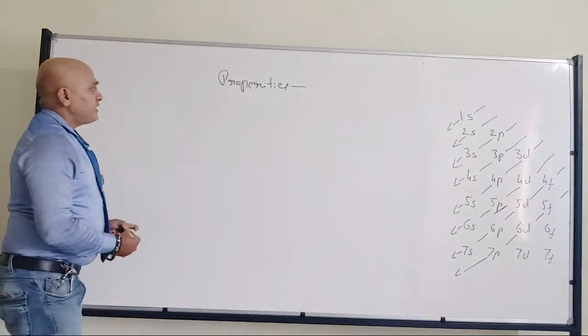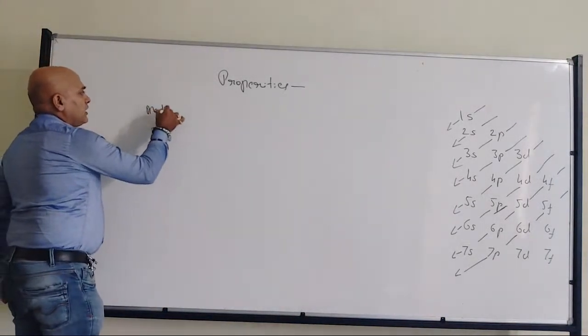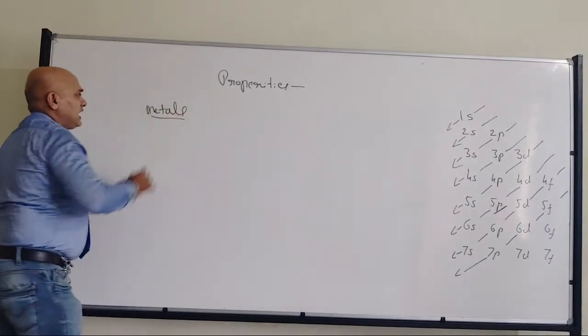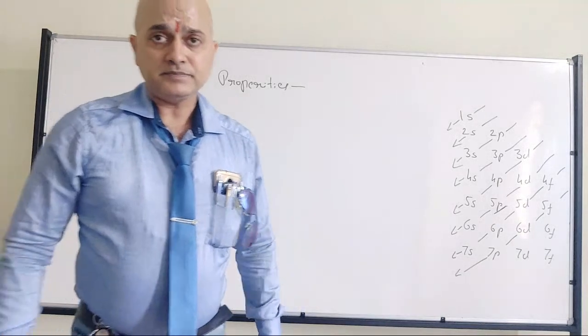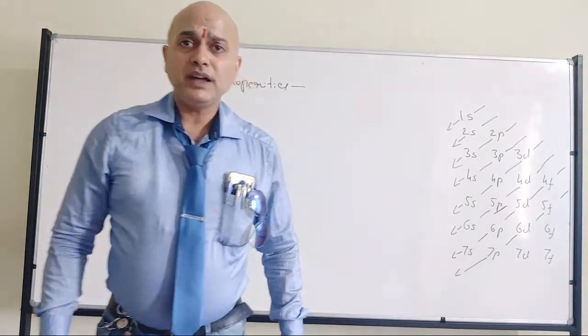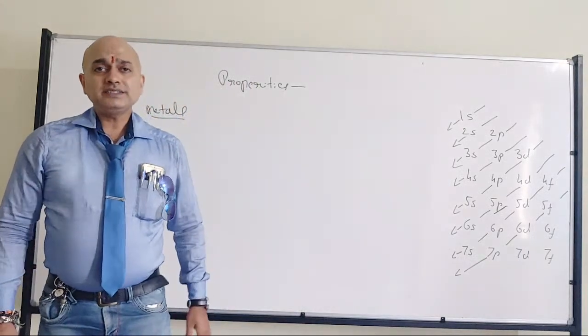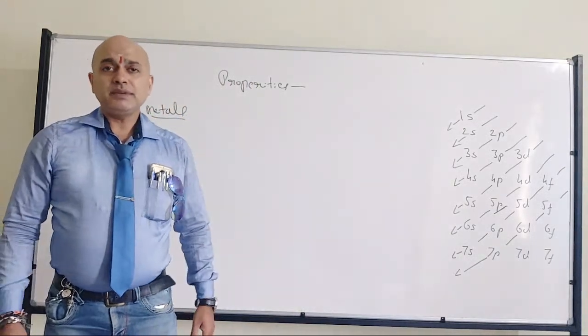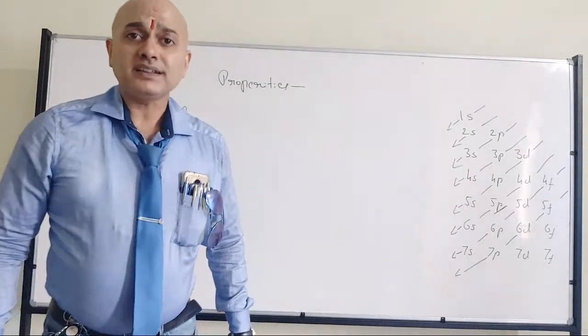Right? For example, if I am telling metals, all of you will agree with me that in the periodic table metals are dominating. S block elements, then D block elements, F block elements, they are all metals.